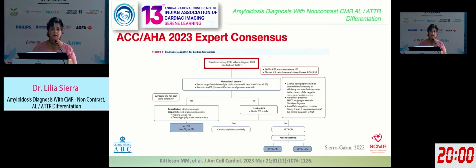The current algorithm, the ACC AHA 2023 expert consensus, recommends CMR at the beginning of the algorithm, and then we need to go for the nuclear study to identify the Perugini criteria. Grades 2 and 3 are highly suggestive of ATTR amyloidosis, and to use the light chains to see if it's an AL case.